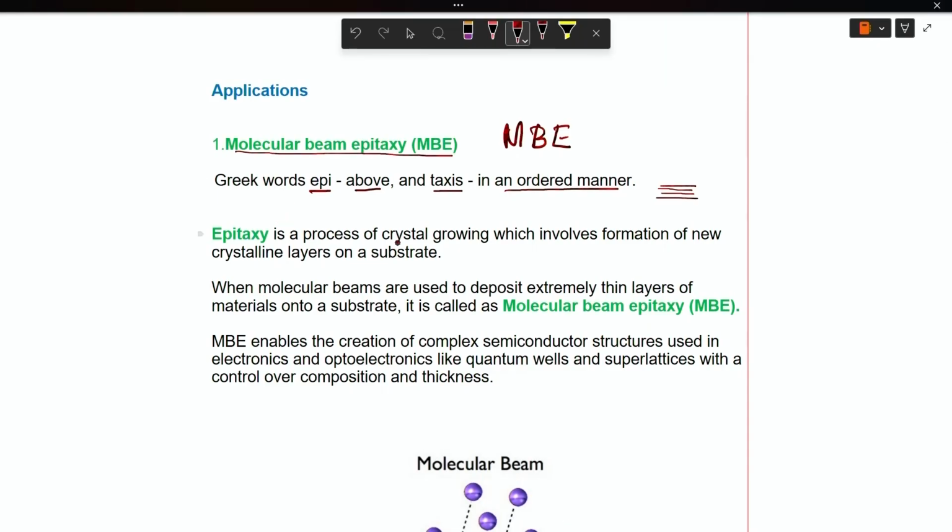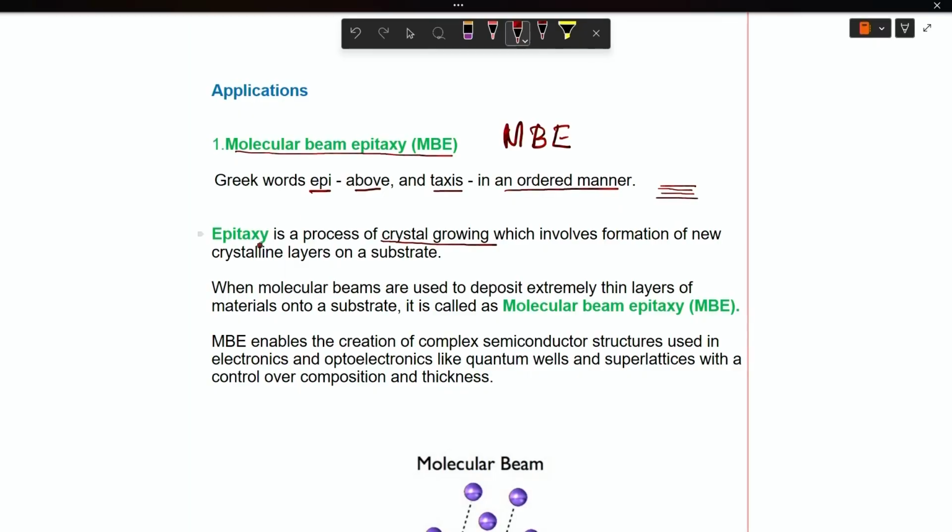Now, by definition, epitaxy is a process of crystal growing. We know that when we evaporate a solution with a crystalline substance dissolved in it, on evaporation, depending on the rate of evaporation, the type of crystal you obtain will be different.